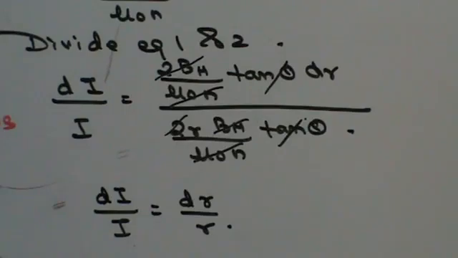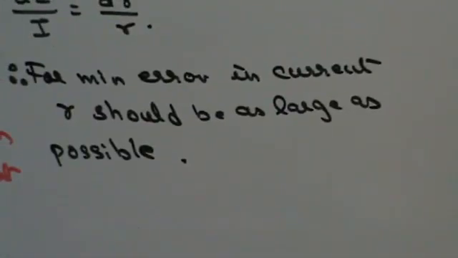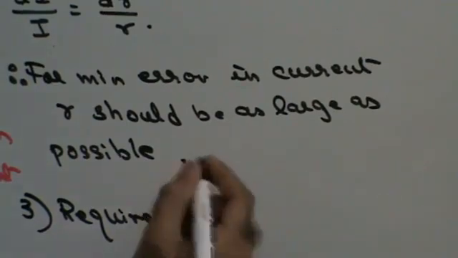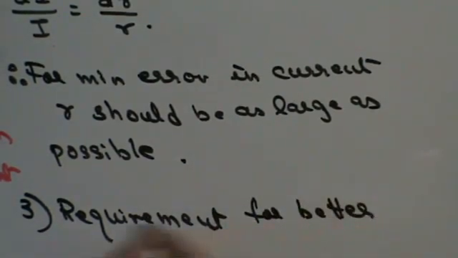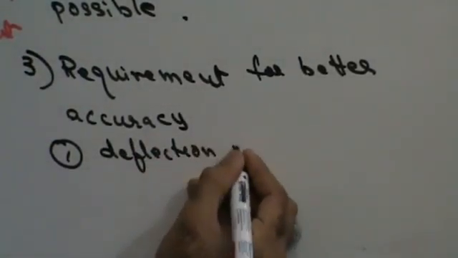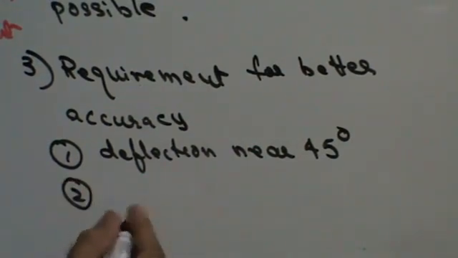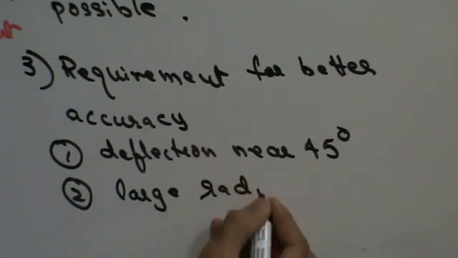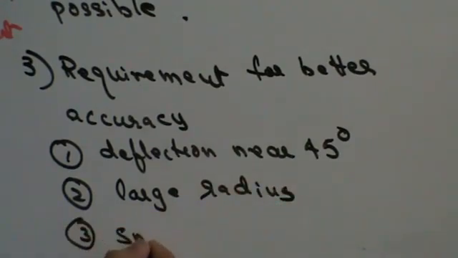Fine, do we get this? Thus, from this we conclude that the requirements for better accuracy of a tangent galvanometer are: one, deflection near 45 degrees; second, large radius; and third, small number of turns.